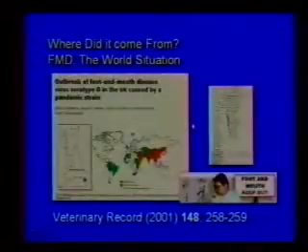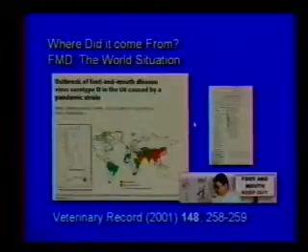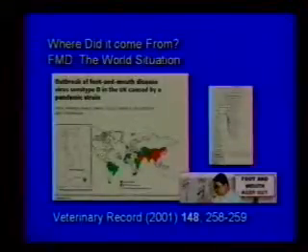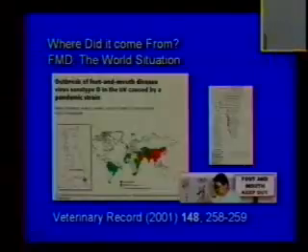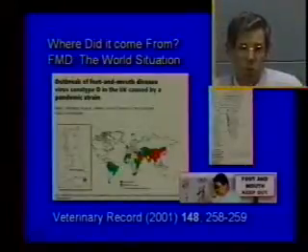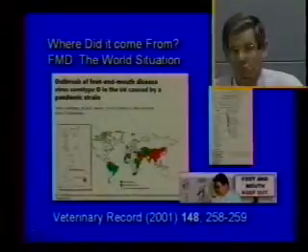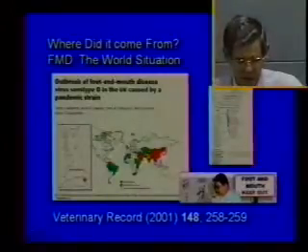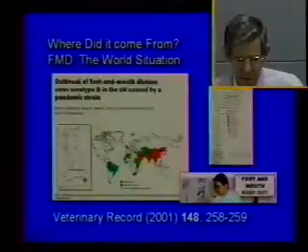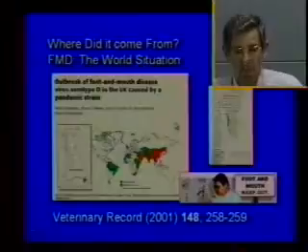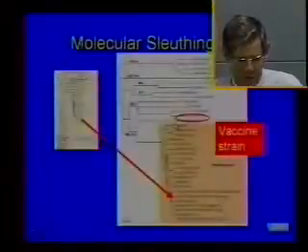Well, where did this virus come from? And what is really the world situation currently? Here in the United States, we have been free of disease since 1929. But that does not speak for other areas of the world, particularly Asia, which is where we believe this epidemic originated from, the epidemic that is in the United Kingdom. It is believed that it was imported into the United Kingdom in the form of infected meat.